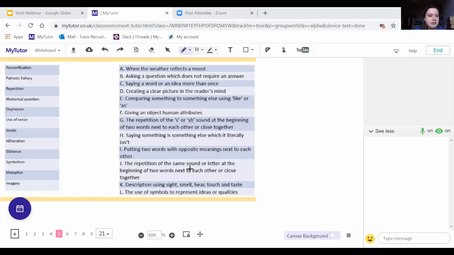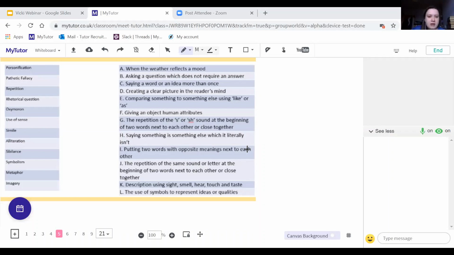Use of senses for K, yep, absolutely, cracking stuff. Personification, F, lovely stuff. Metaphor, H, yep, brilliant. Pathetic fallacy, A, yep, where the weather reflects mood. Repetition, saying a word or idea more than once, C, yeah, fantastic.